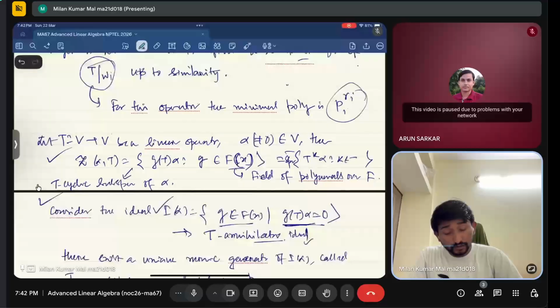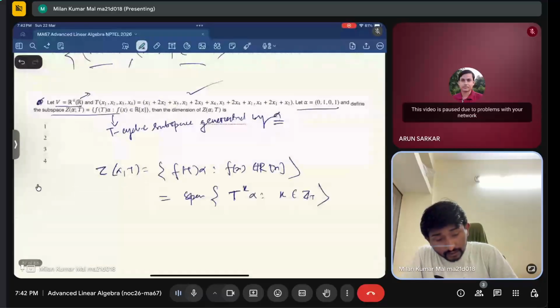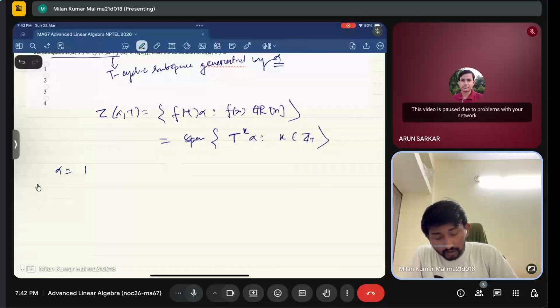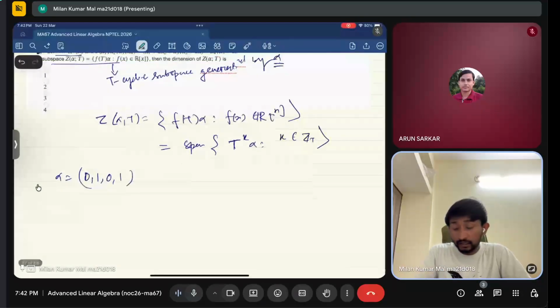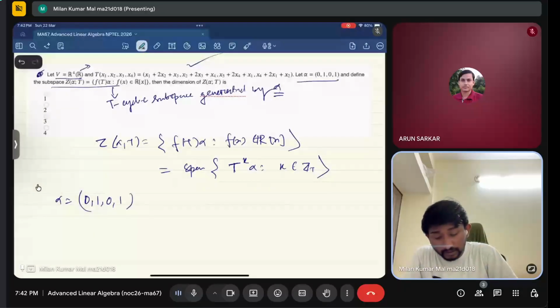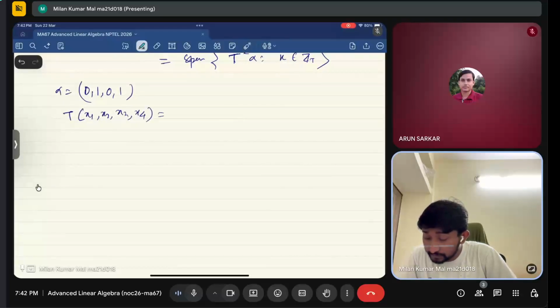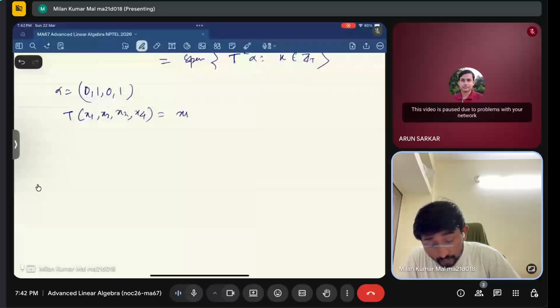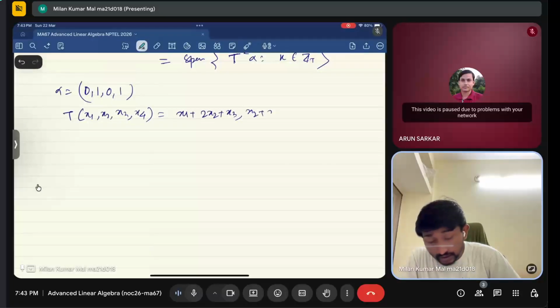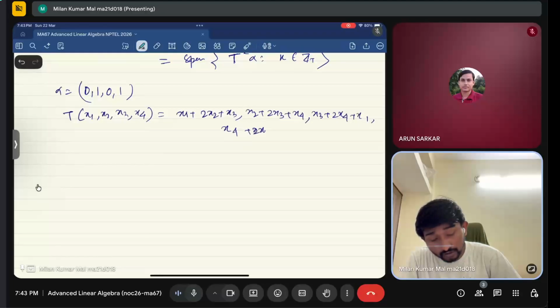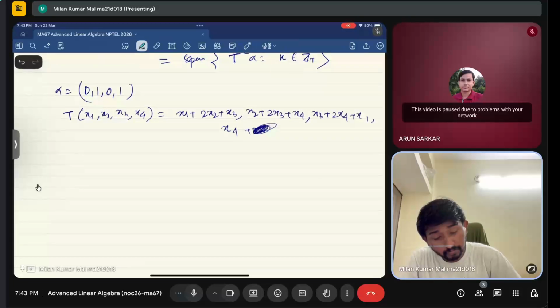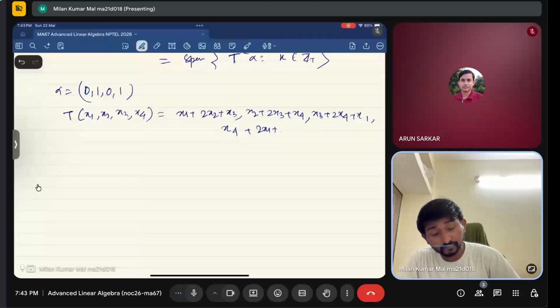So let's see. We have alpha, which is (0, 1, 0, 1), and T(x1, x2, x3, x4) equals (x1 + 2x2 + x3, x2 + 2x3 + x4, x3 + 2x4 + x1, x4 + 2x1 + x2).